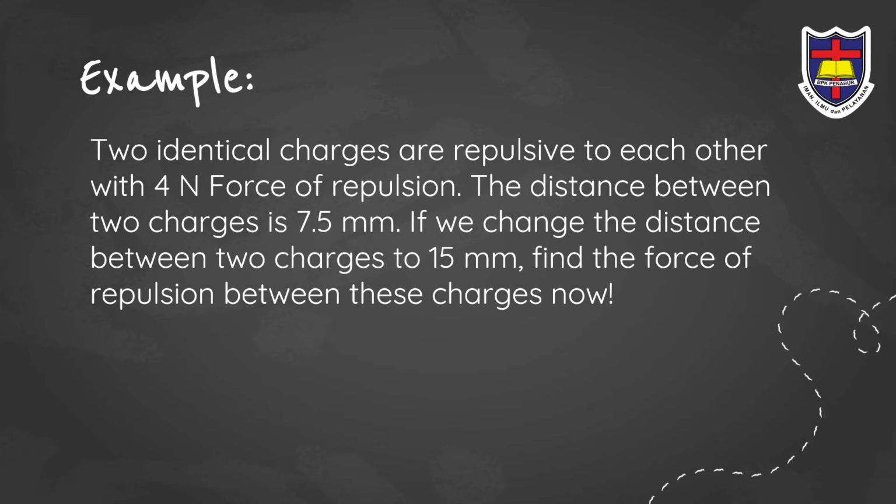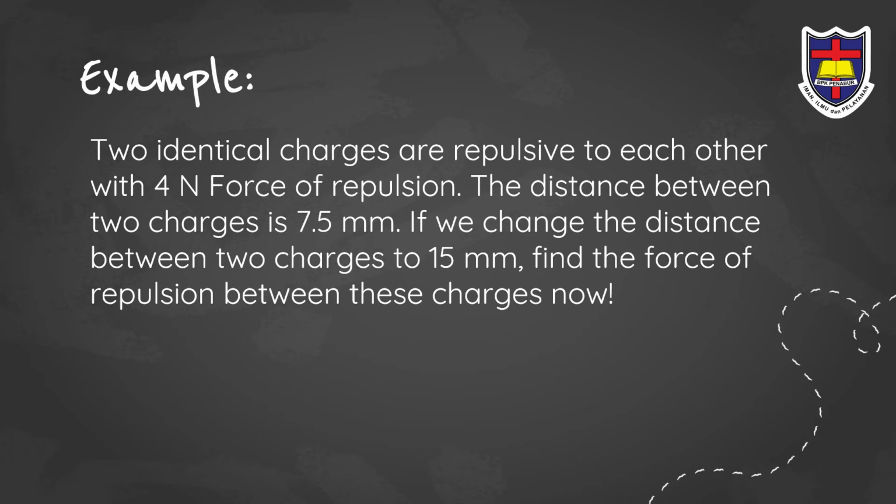Two identical charges are repulsive to each other with 4 Newton force of repulsion. The distance between the two charges is 7.5 millimeters. If we change the distance between the two charges to 15 millimeters, find the force of repulsion between these charges now. In this question, the only thing changed is the distance.